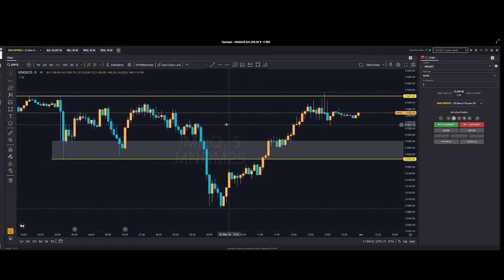Now here's where price action, smart money concept, and trendline come in. Now that we tried to reclaim this high, we failed to, and we start seeing a chop down. We're making a lower high, right? A lower high. And so from there on, you can start building a trendline.